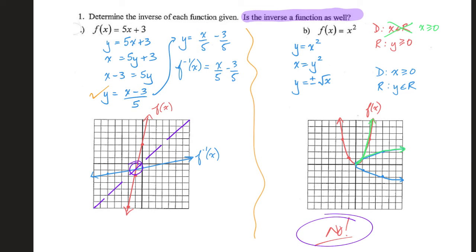And we can now see that when we take the inverse, we're going to interchange that. That means my y value must be greater than or equal to 0 on my inverse, and I come right in on the green portion of my inverse. So notice, by restricting my domain on my original graph, I can ensure that my inverse is also a function.